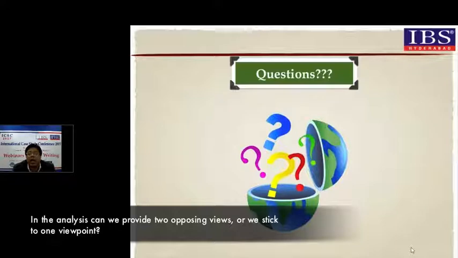If you can summarize those and put the different kinds of viewpoints, it makes the teaching note more useful. So I think that's a good idea. You can always do that if you can give two opposing viewpoints. Otherwise, if you just give your analysis and stick to that and justify that well, that is also good enough.